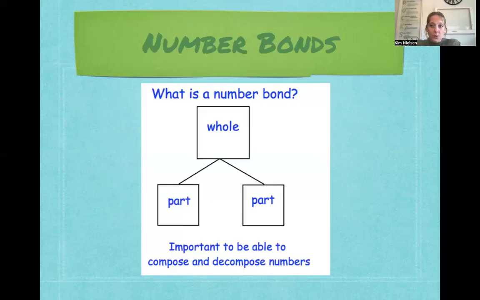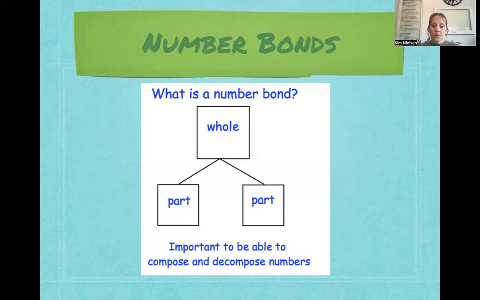So I just want to show you what a number bond is before our workshop. Some of you have probably used these before or seen them, but again, it's a really essential foundation in being able to compose and decompose or subitize numbers. So you always start with a whole and then you show that in its parts.